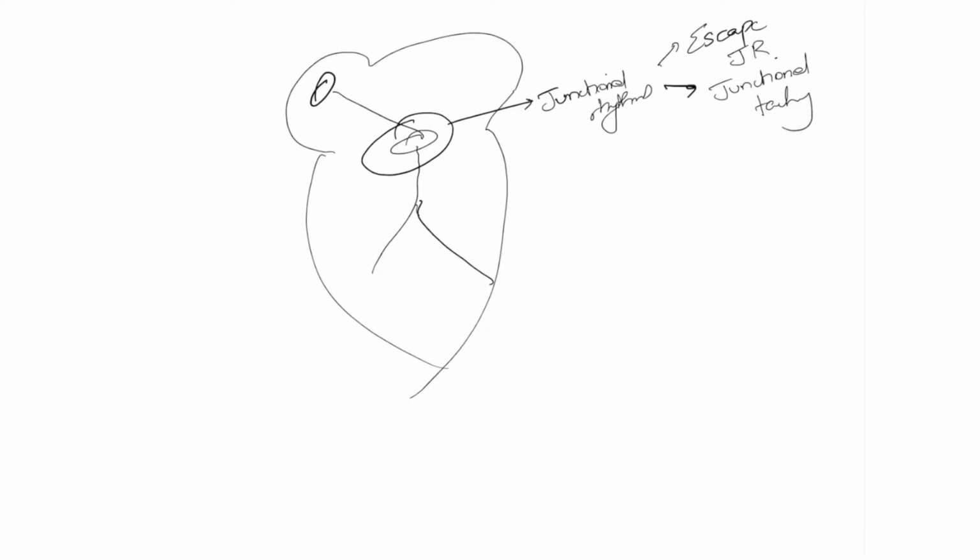And because they're not having to go through the AV node, they might be immediately before or within or after the QRS complex. Now, everything we've talked about so far have happened above the ventricular level, and these would all be considered supraventricular tachycardias.